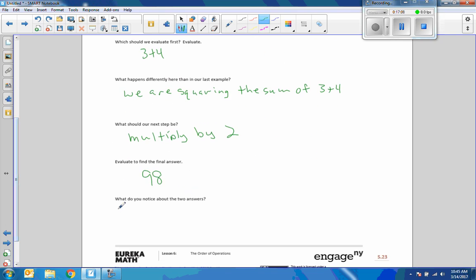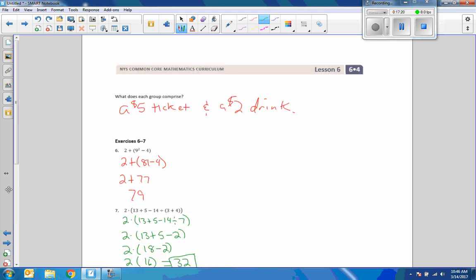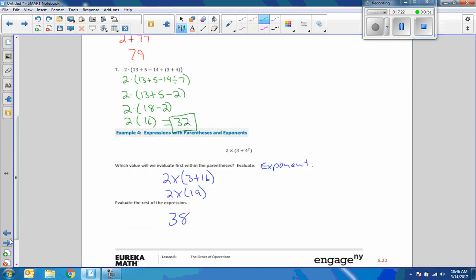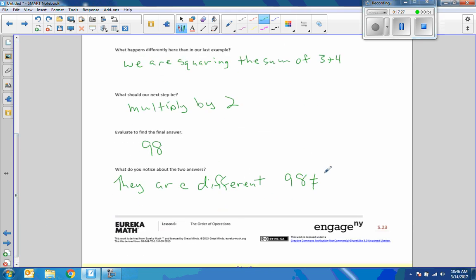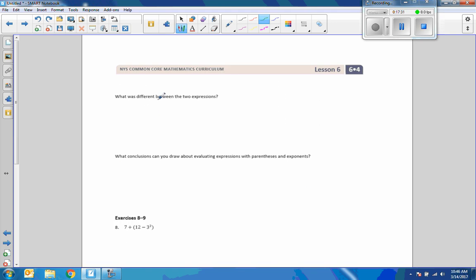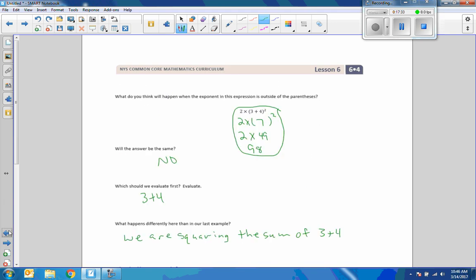What do you notice about the 2 answers? They are different. 98 does not equal what we got in the last problem, which was 38. What was the difference between the 2 expressions?